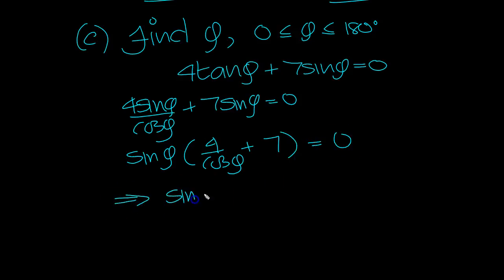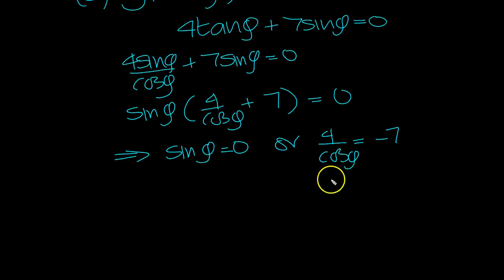That tells us that sine phi equals 0, or cosine phi equals minus 4/7. So this would tell us here that cos phi is equal to minus 4/7.